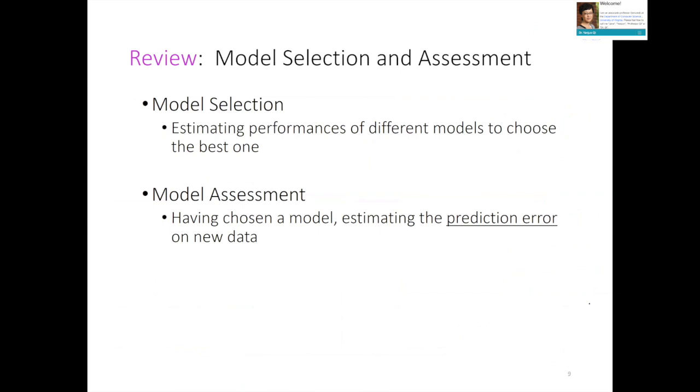We always have a stage, model selection, which is to tune the hyperparameters or to select among different model classes. When we say report your prediction error, that's not about model selection.